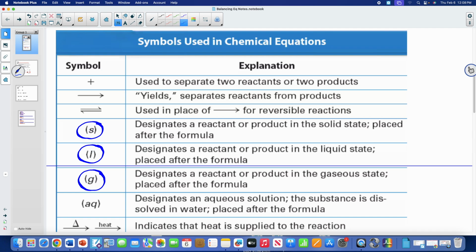Okay, something that might be new to you is AQ. Have you seen that before? AQ. So AQ means aqueous. So that stands for the word aqueous. And that means you have an aqueous solution with that substance dissolved in water.